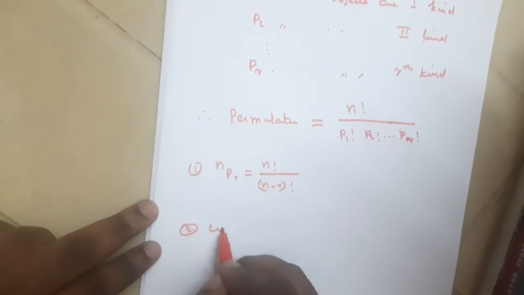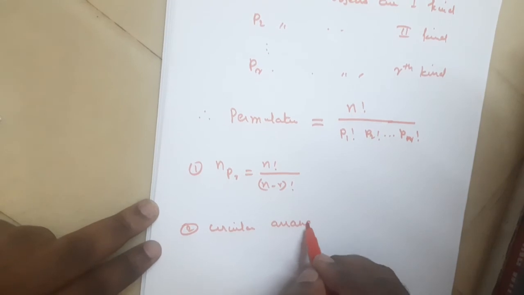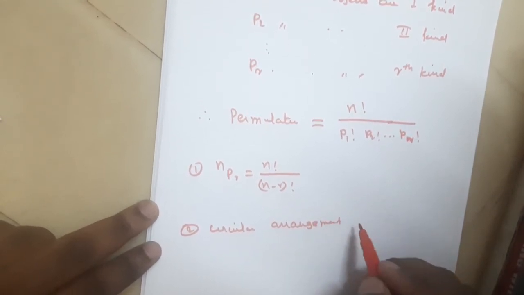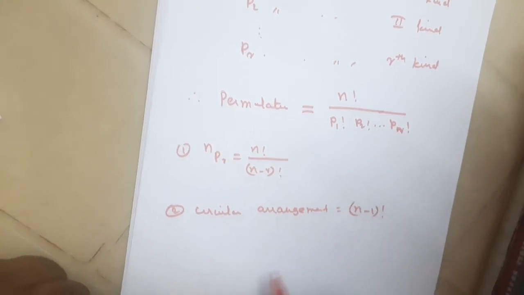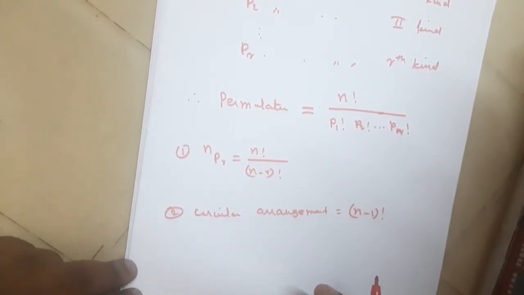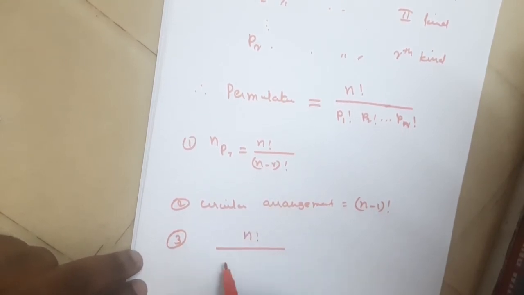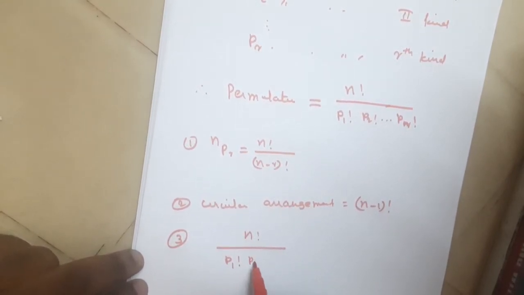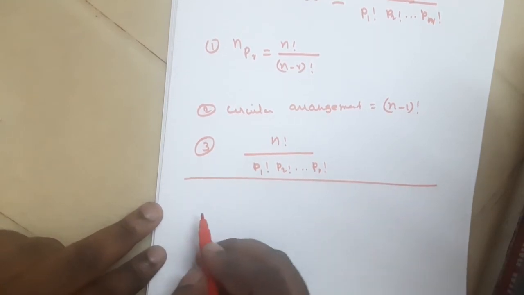Another one is circular arrangement: we have n minus 1 factorial when both directions are different, and n minus 1 factorial by 2 when both directions are the same. The next one is n factorial by P1 factorial, P2 factorial, etc., PR factorial. Okay, now we see one example.